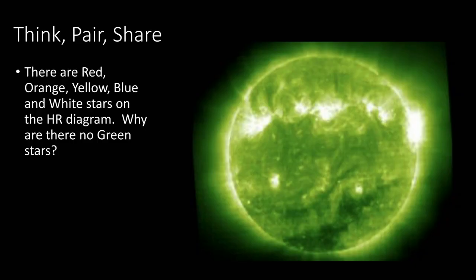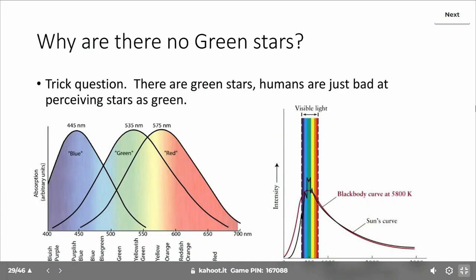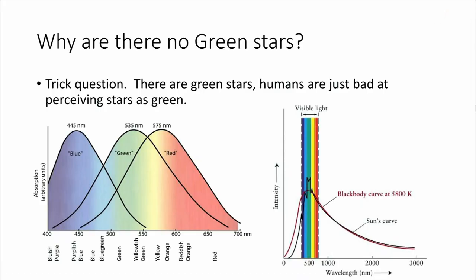Yeah, so it turns out this is kind of a trick question. So there are green stars, and humans are just very bad at perceiving stars as green. So this does come back to how humans perceive color. In our eyes, we have cones that are sensitive to different colors of light, but those cones are not evenly distributed amongst the colors, and there's a lot of overlap.